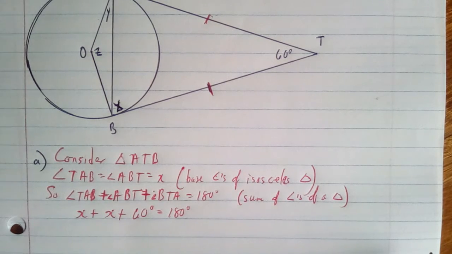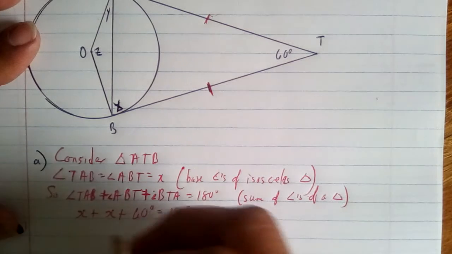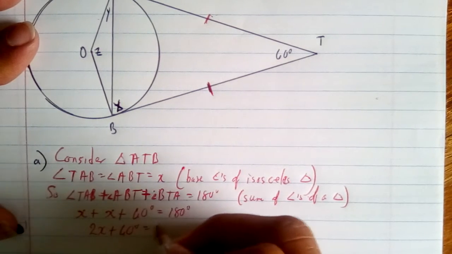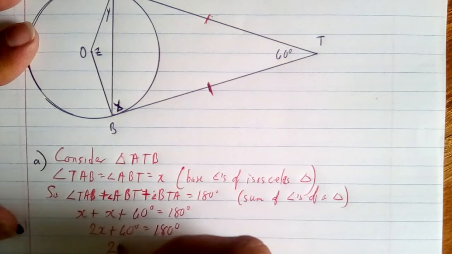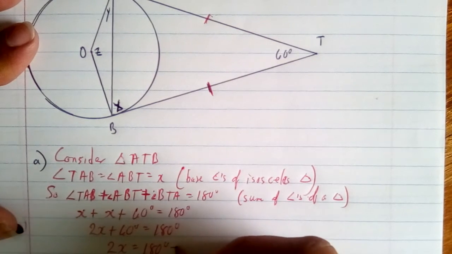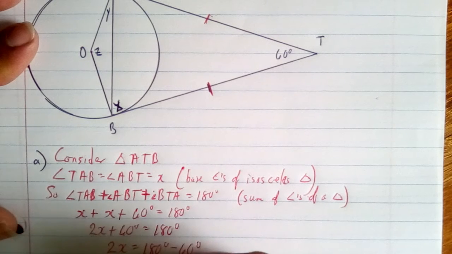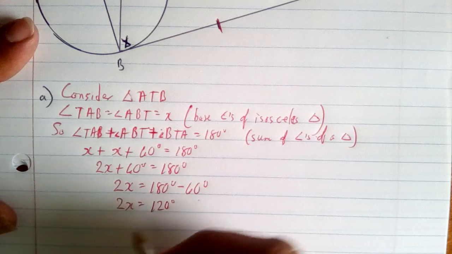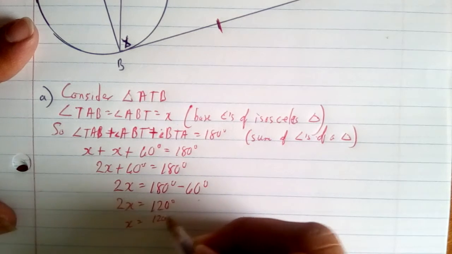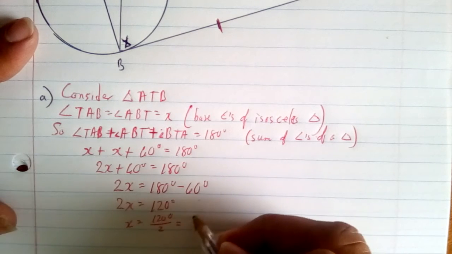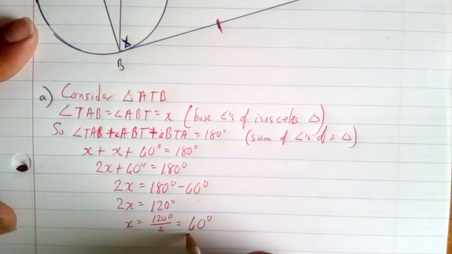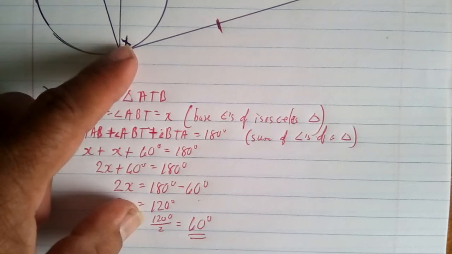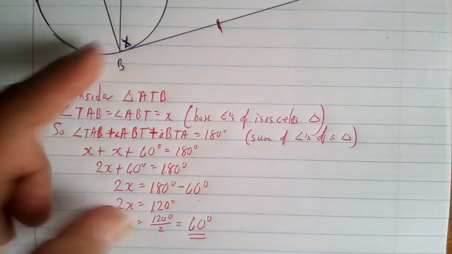Now we do our evaluation, we get 2x plus 60 degrees equals 180 degrees. 2x equals 180 degrees take away 60 degrees. 2x equals then 120 degrees. All right, so x is equal to 120 divided by 2, which gives us 60 degrees. So this is the value for x. Okay, so we just solved the first one.